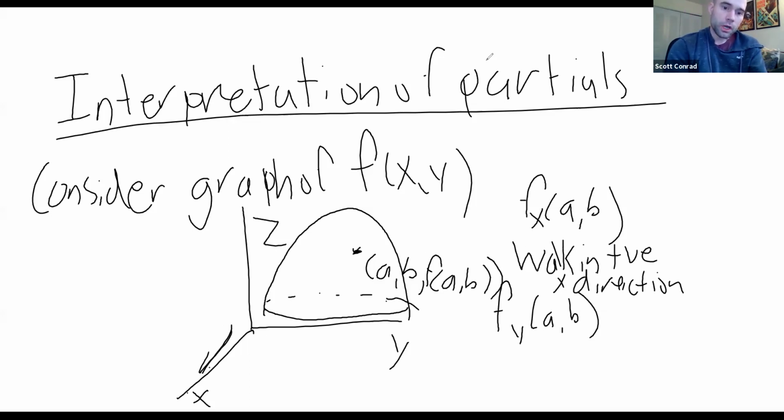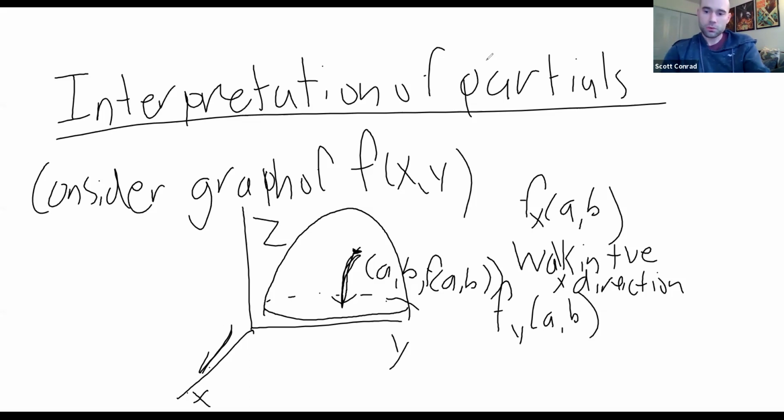So from here, we're going to walk in this direction. So notice when you're walking in the positive x direction, does it look like you're going downhill or uphill? It looks like we're going downhill in this case.